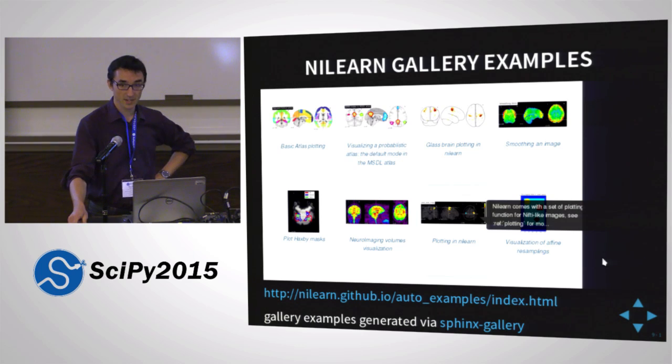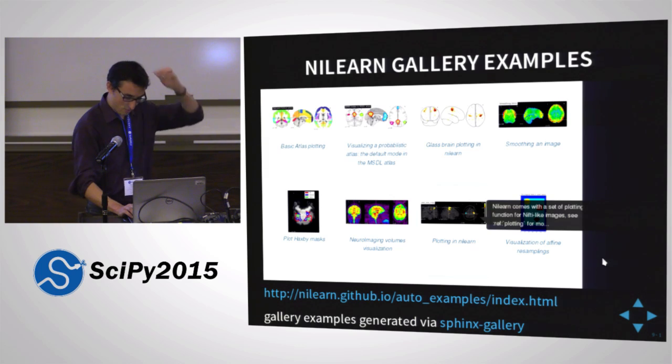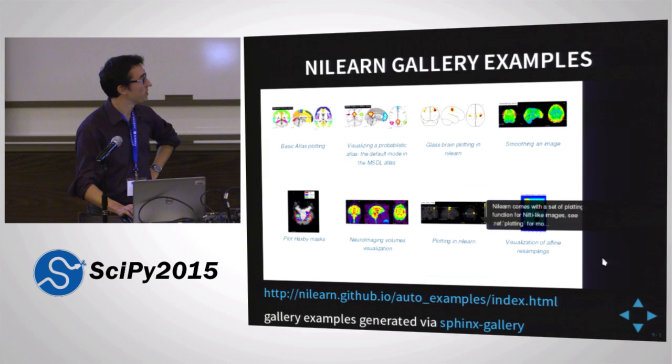So that's ongoing, and if you want to look at it and suggest improvements, you're more than welcome to do that. At the moment, it's using Nilearn. It's still not in Scikit-learn, but we're hoping to get there at some point in the near future.